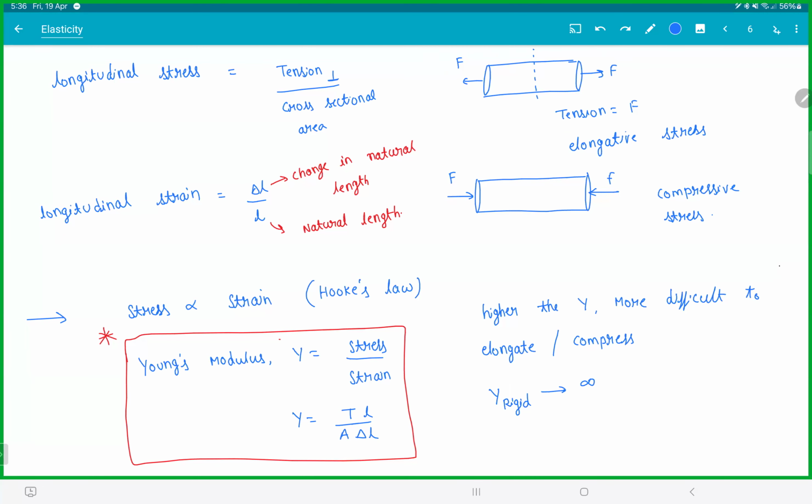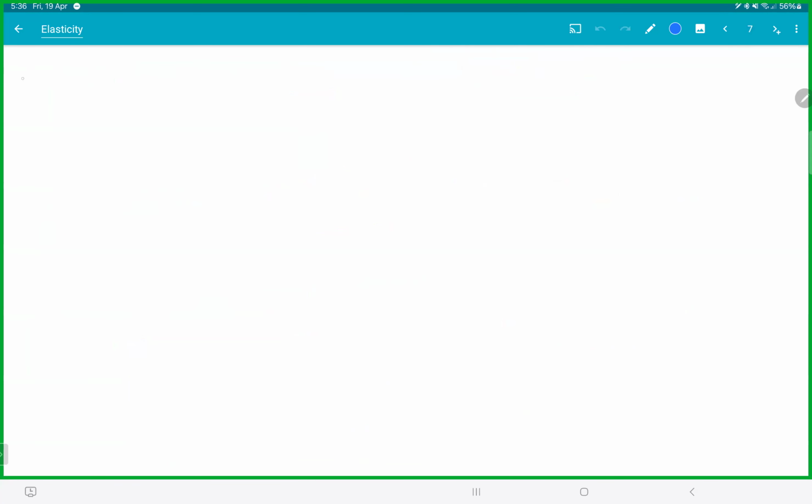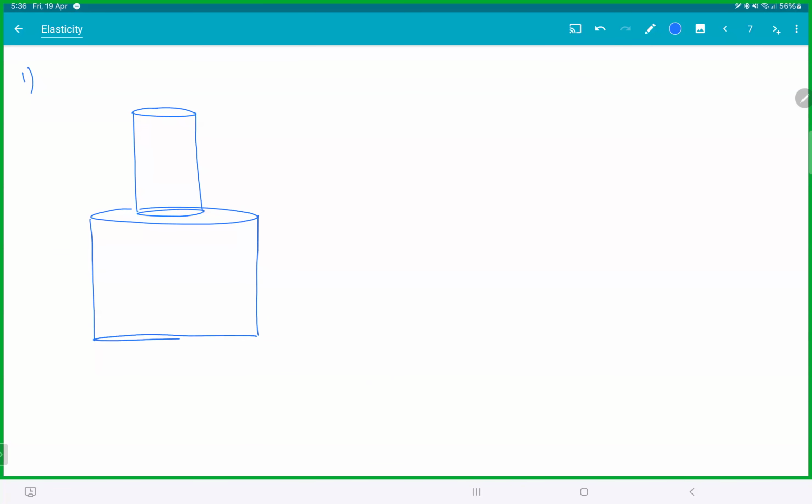Let's take a question. Turn the page. We have two cylinders here. They are coaxial.